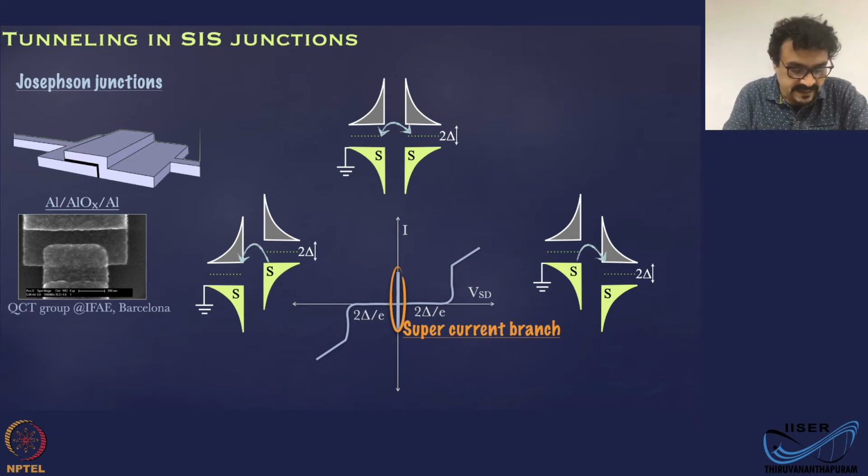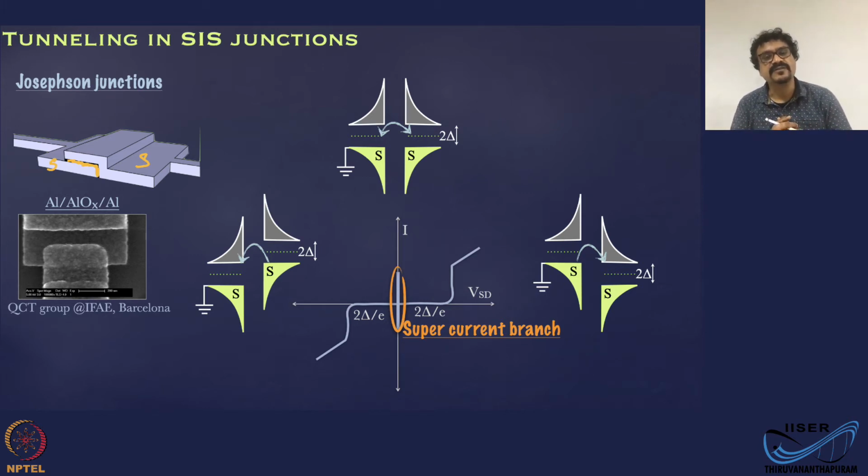For example, we have a superconductor here, a superconductor here, then there is a thin insulating layer in the middle. These structures are made by a technique called double angle shadow evaporation, which we discussed in the previous lecture.